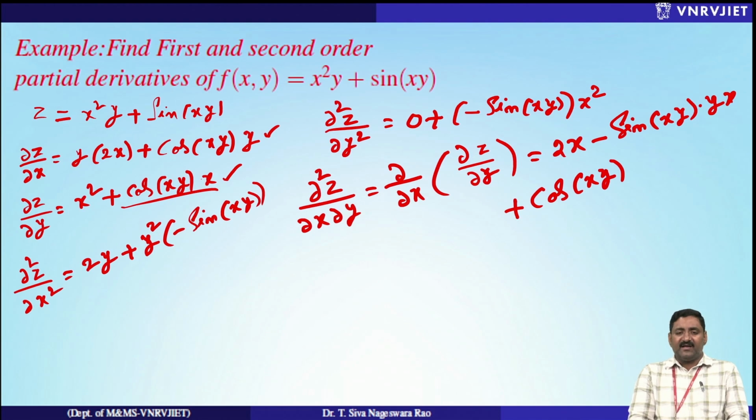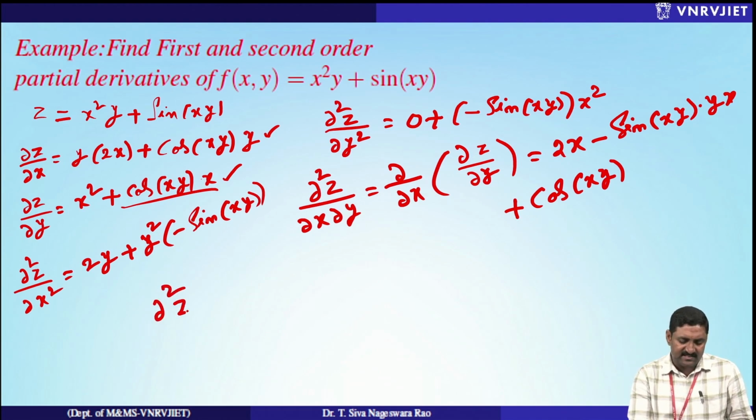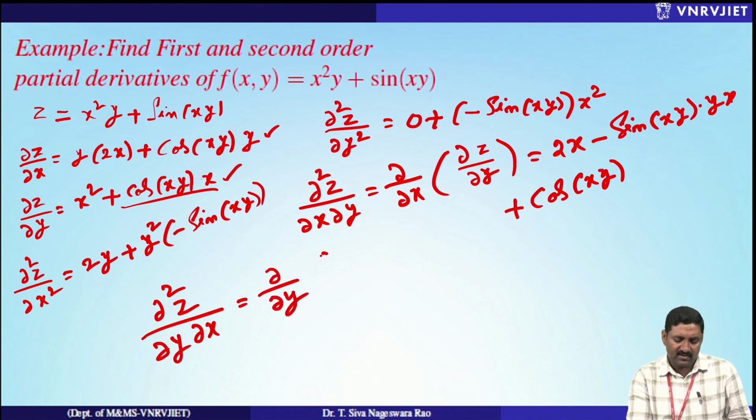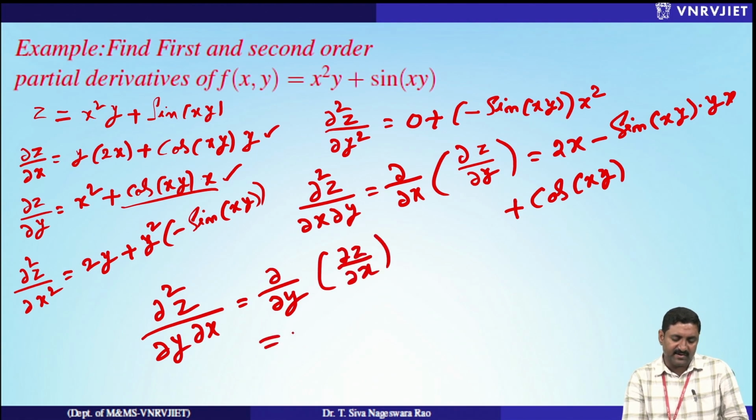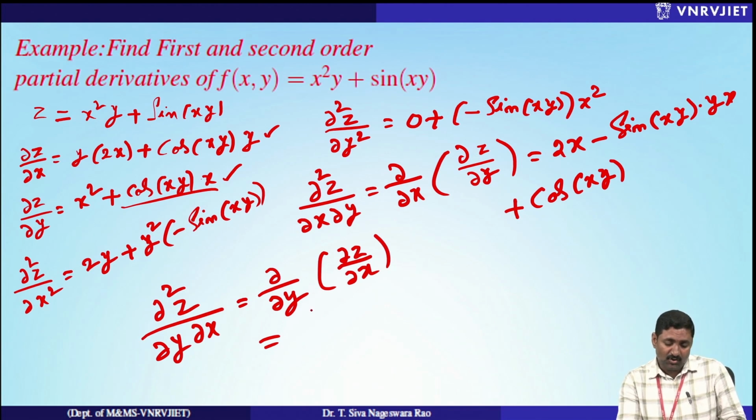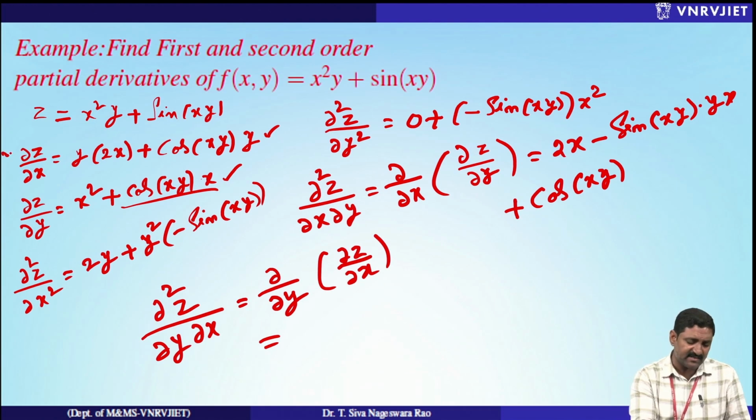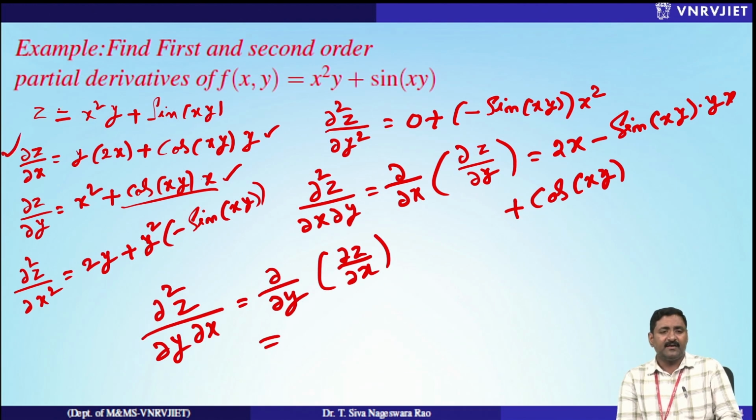Now here I will try one more derivative, that is del square z by del y del x. This is equal to del by del y of del z by del x. So for del z by del x, I am going to apply the partial derivative with respect to y.